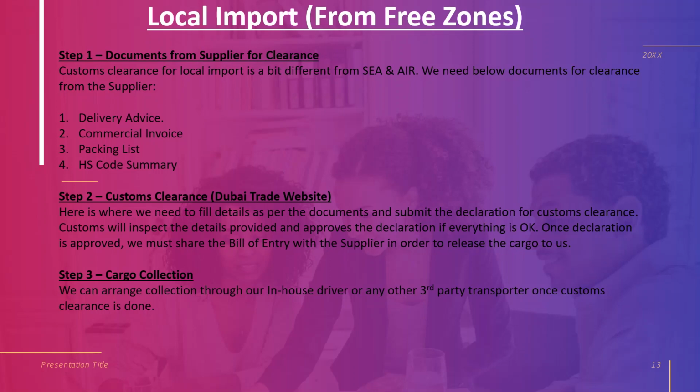And then customs clearance: our freight forwarder will do that from Dubai, through the customs website, on our behalf. Then they will collect the cargo and deliver to our warehouse. We have to pay them. There will be a 5% customs charge, then some 2% clearance charge, and transportation charges to our warehouse.